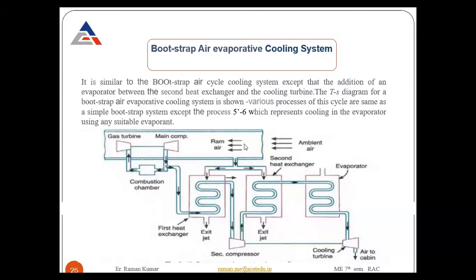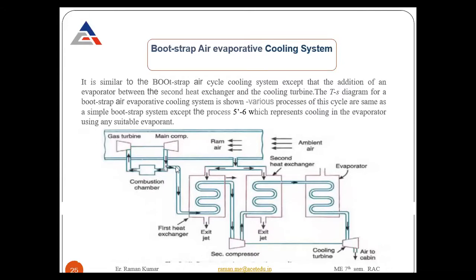After this, it passes through the main compressor where its pressure and temperature both increase. Some of the air passes through the combustion chamber and then through the gas turbine.